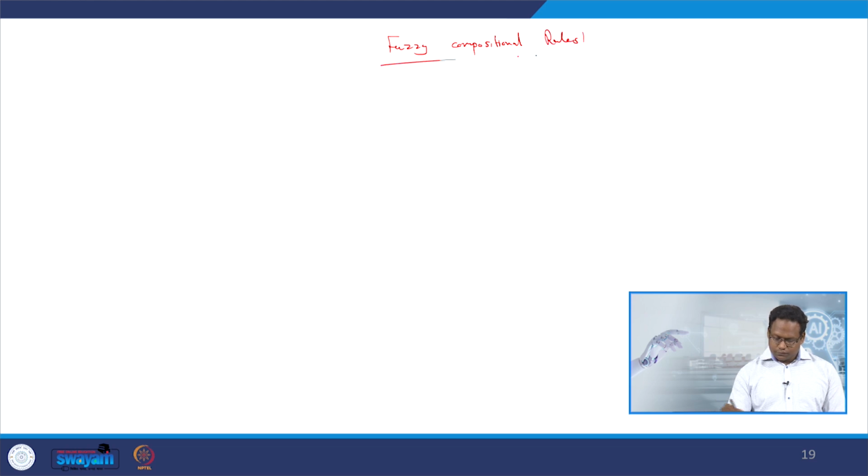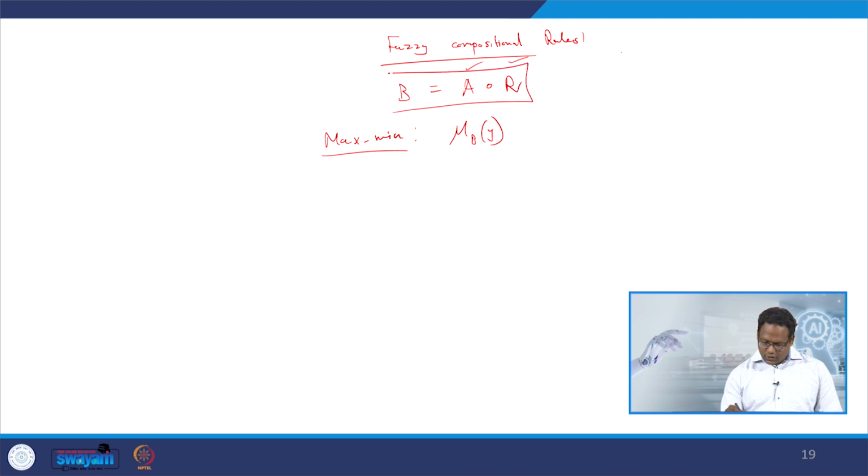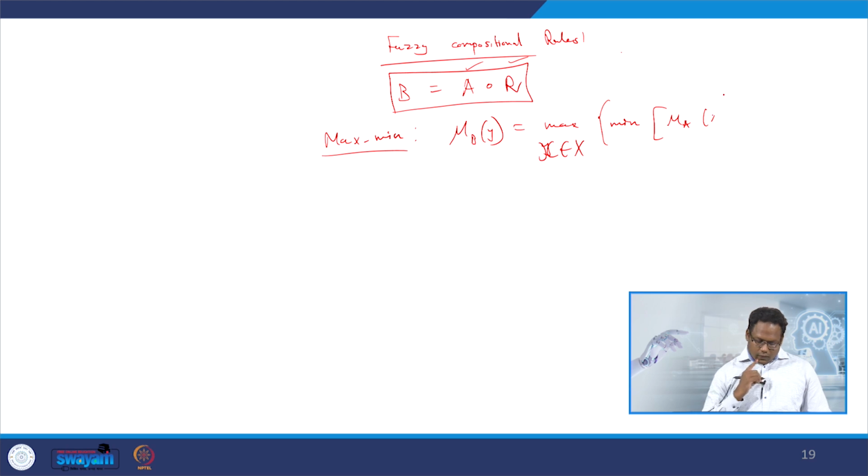There are different rules to get a matrix B by the composition operation between matrix A and R. Let us say the max-min fuzzy compositional rule, which is given by mu B of y, for the relation B equal to A composition R, equal to maximum over x belonging to capital X of minimum of mu A of x comma mu R of x comma y. This is it.